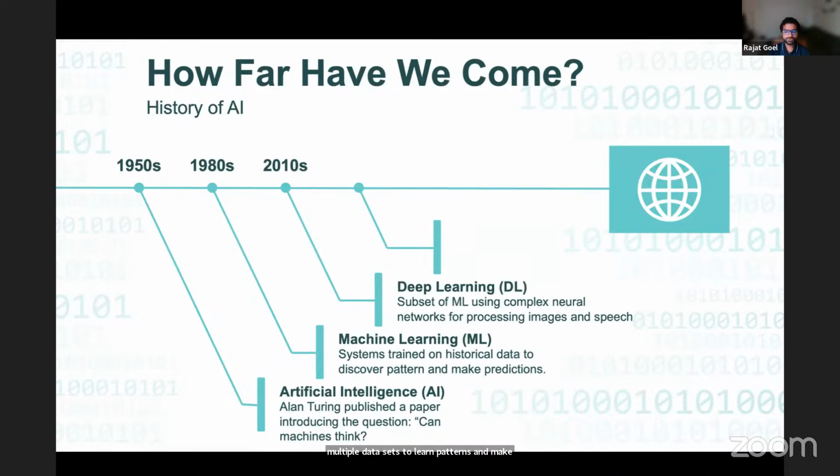As compute resources evolved with cheaper CPUs and faster GPUs, deep learning became more popular in the 2010s, which is a subset of machine learning where complex artificial neural networks learn nuanced patterns in images and speech. When you are considering image and speech, that data is very vast and varied.